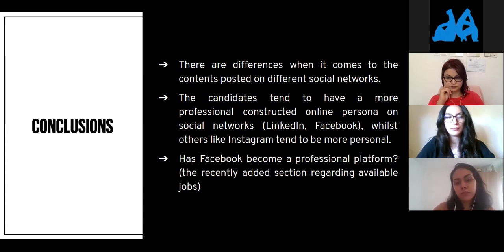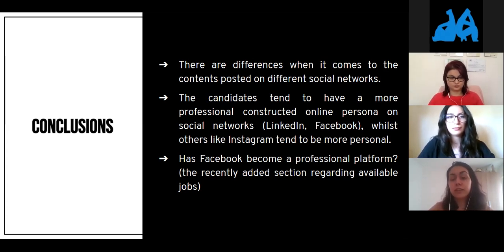It's also a social platform, but also a professional one. Facebook has become a professional platform if we think about the fact that most of our recruiters said that they go on Facebook to find more information about their candidates, and that Facebook has recently added a section regarding available jobs. I don't know if you have seen it, but it definitely appears on my newsfeed.